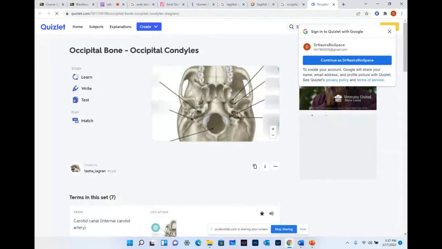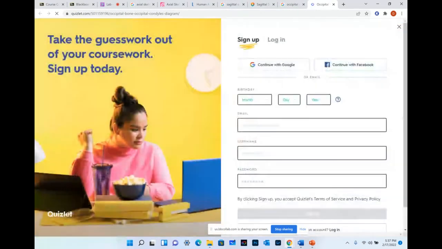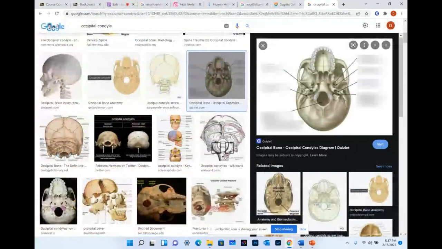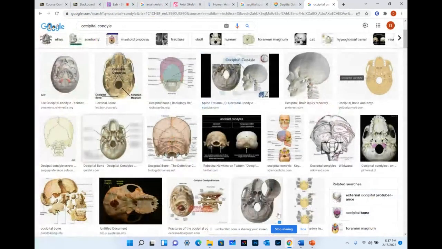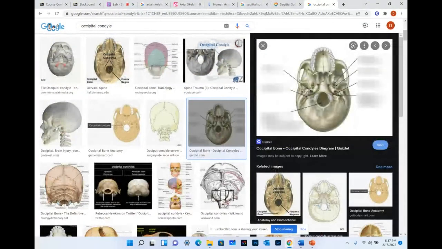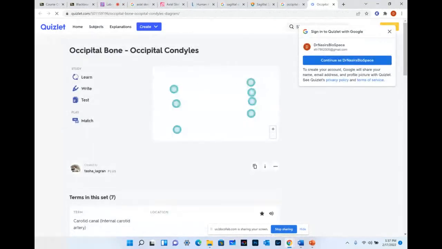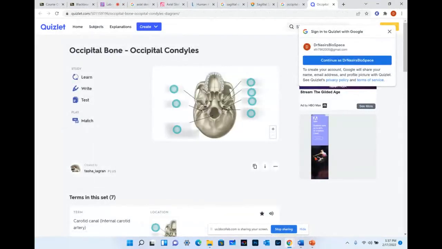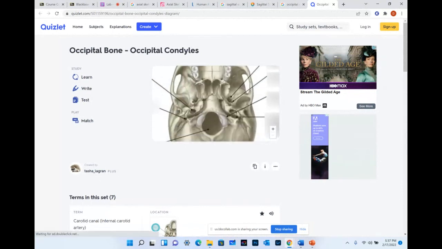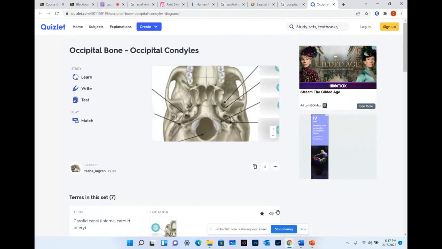Okay, so here you can see right here, you see this area, this is your mandibular fossa where the mandible is going to come and attach.